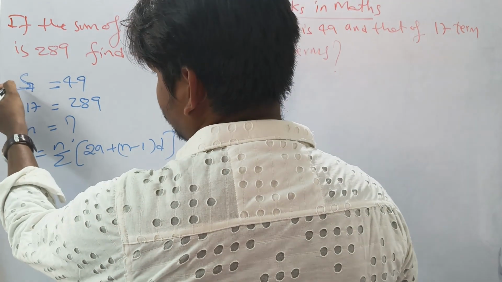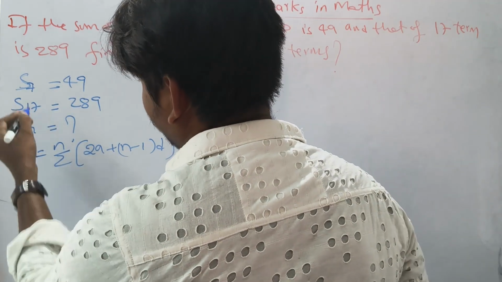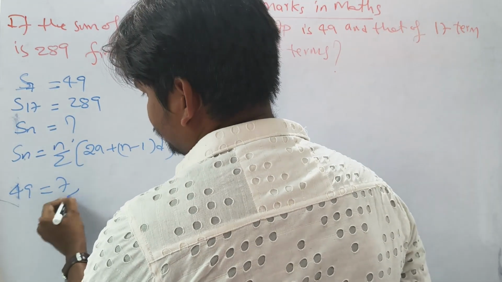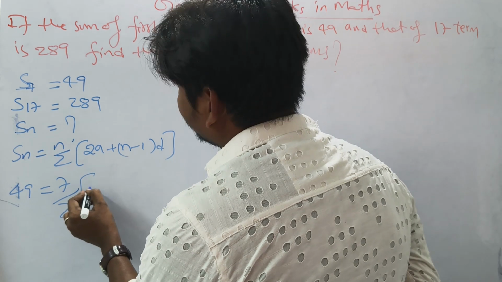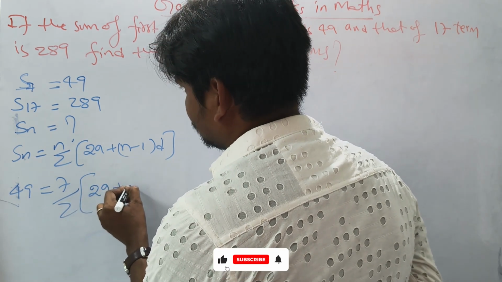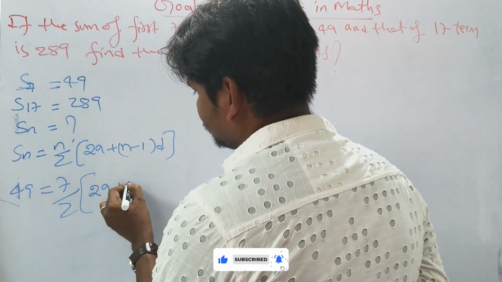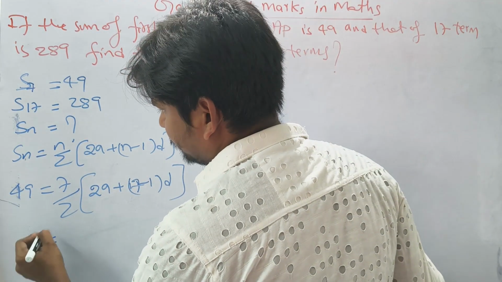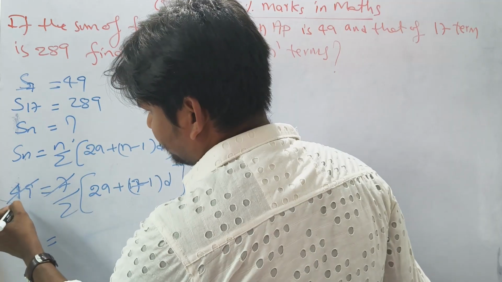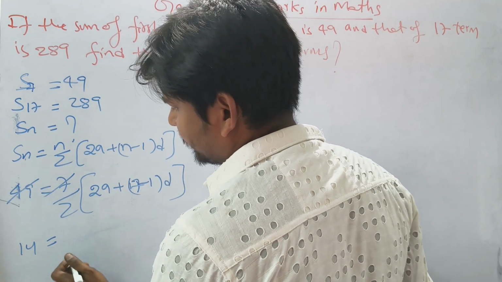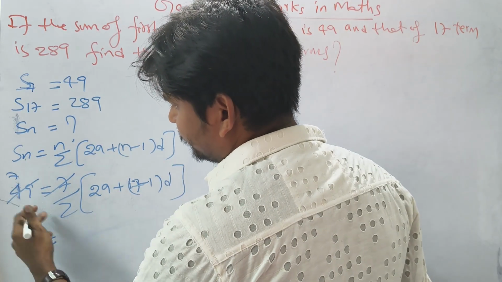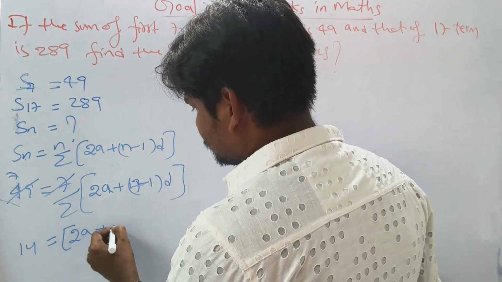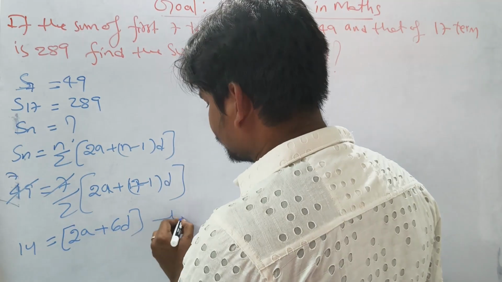Now take S7, the sum of the first 7 terms. 49 is equal to 7 by 2 into 2a plus (n minus 1) into d, where n is equal to 7. Simplifying, the 7 cancels: 7 sevens are 49, and transposing the 2 gives 14 equals 2a plus 6d. This is equation 1.